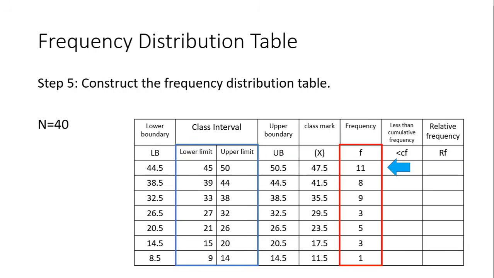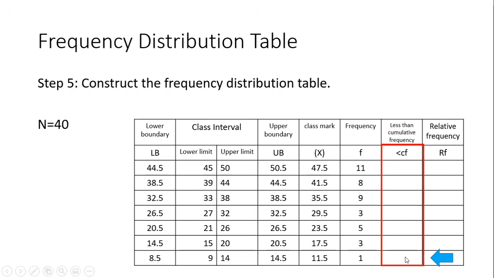Next, we will now be computing for our less than cumulative frequency. So again, this is an easy process. As I've stated a while back, you will always be starting at the bottom.